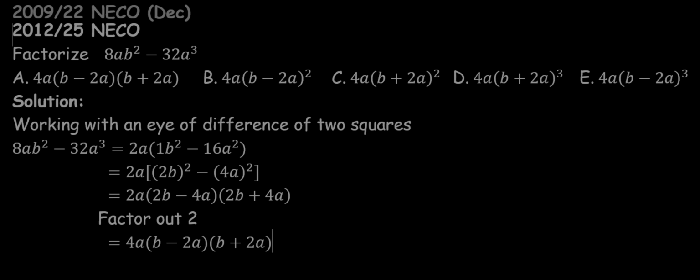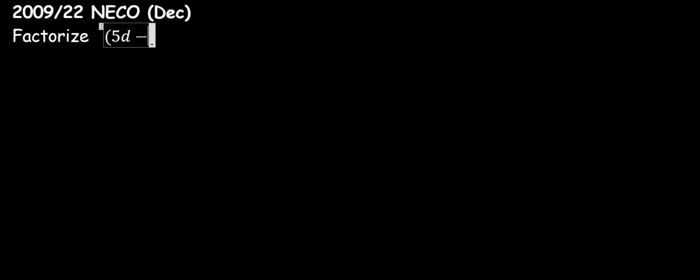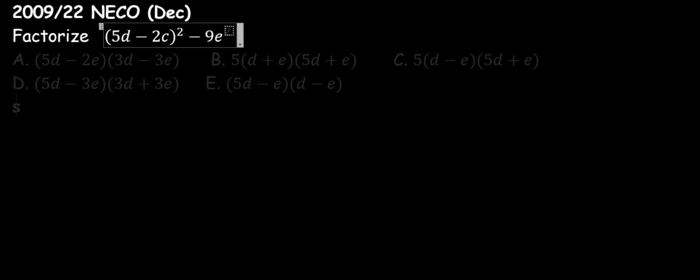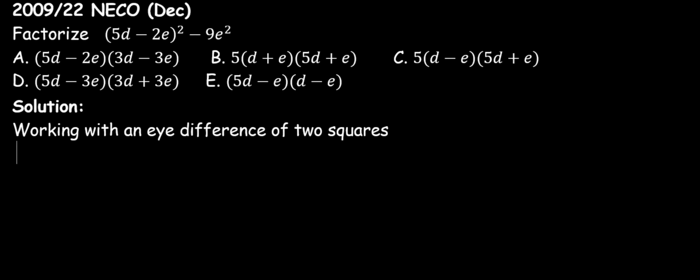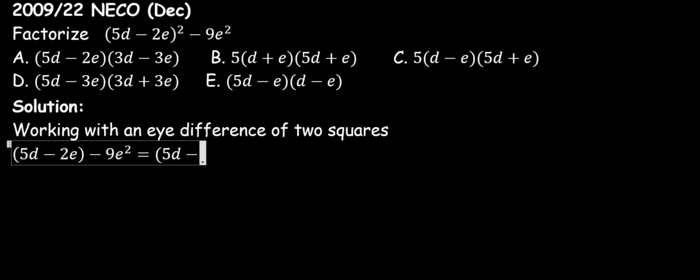Another example. Factorize (5d minus 2e) squared minus 9e squared. The options are given. Solution. Working with an eye of difference of two squares, our given problem, (5d minus 2e) squared minus 9e squared, will be equal to (5d minus 2e) squared minus (3e) squared.